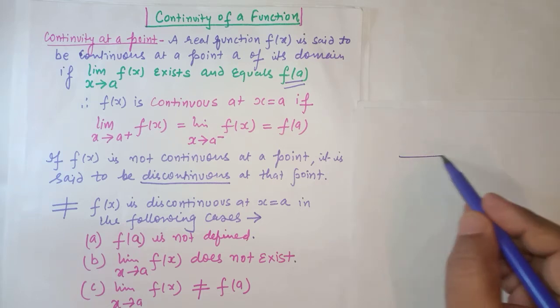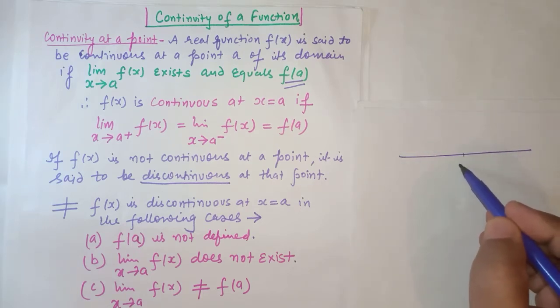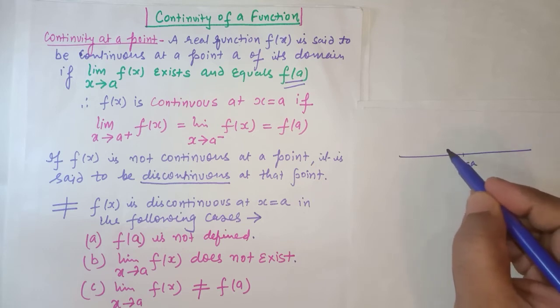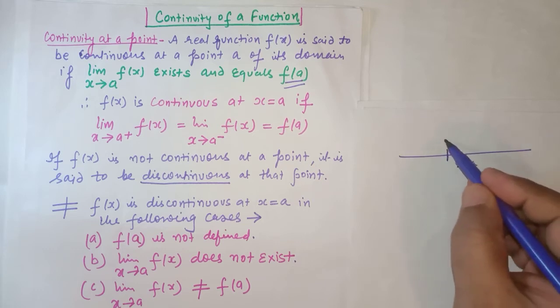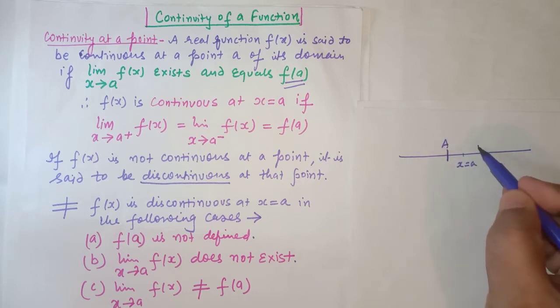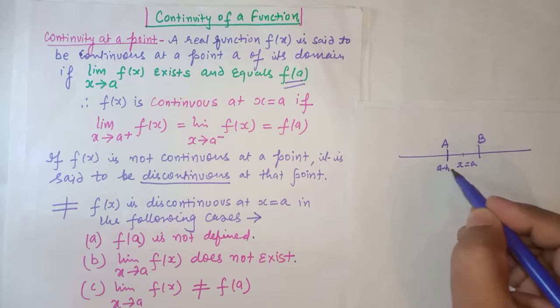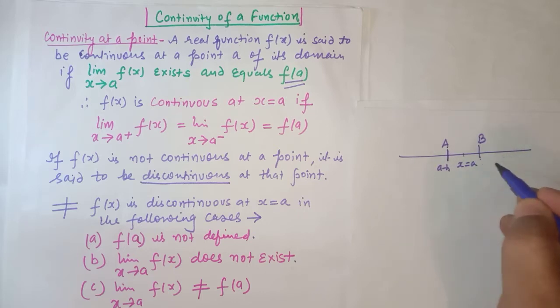Suppose we have the point x equal to a. Now to the left, say we have a point, and to the right we have another point. Suppose the left point is a minus h and the right point is a plus h.